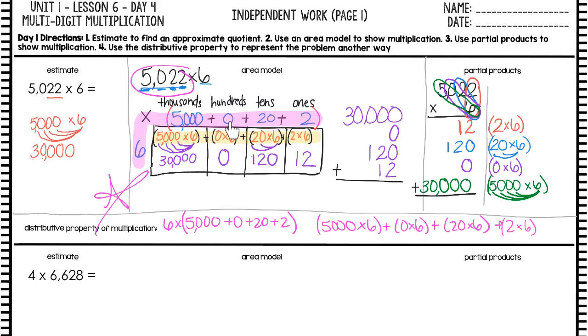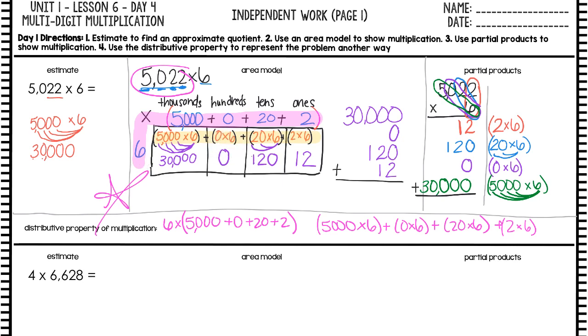Did I put the value of the hundreds? Did I put the value of the tens? Did I put the value of the ones? And then look here and make sure you wrote the correct numbers. Some people are writing like 5,000 times 5 instead. So we want to make sure that we are really multiplying both of these numbers here in this box, and this number and this number in this box.